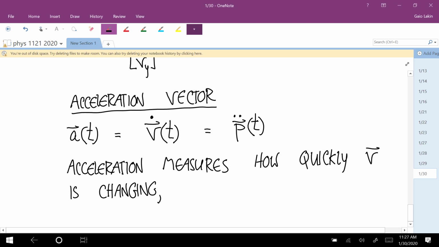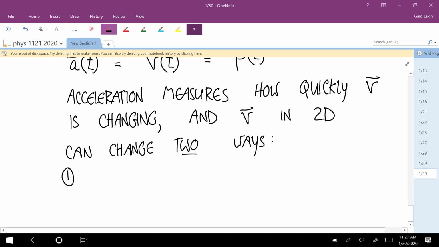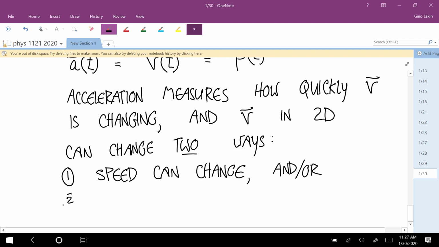And the velocity vector in 2D can change in 2 ways. Its magnitude can change, or in other words, the speed can change, and/or the direction can change.